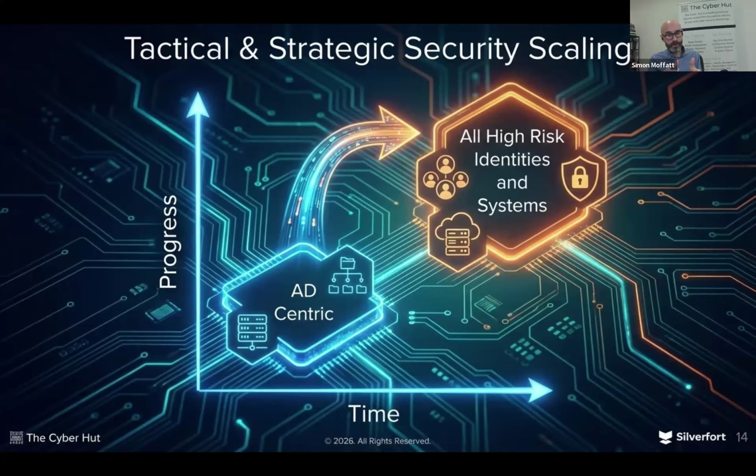I think we've amplified the case that there's a hybrid landscape. We have on-prem, we have cloud, you have a cloud service provider, you have SaaS, you have AD, interacting and integrating a whole host of systems. And clearly, many organizations want to be able to scale what they do, but they don't necessarily want to scale the security function. They want the tools they've invested in to auto scale with them.